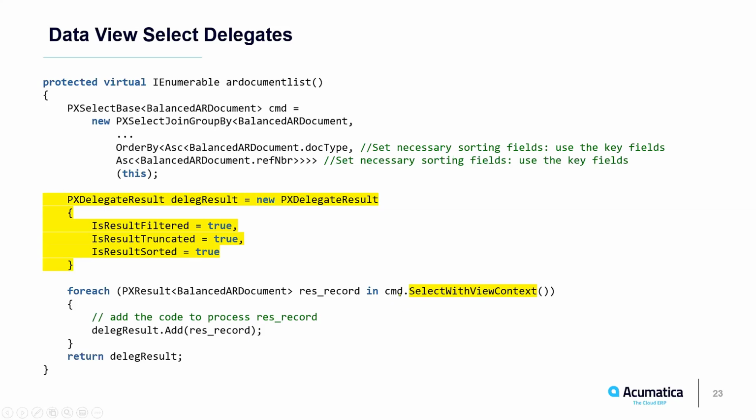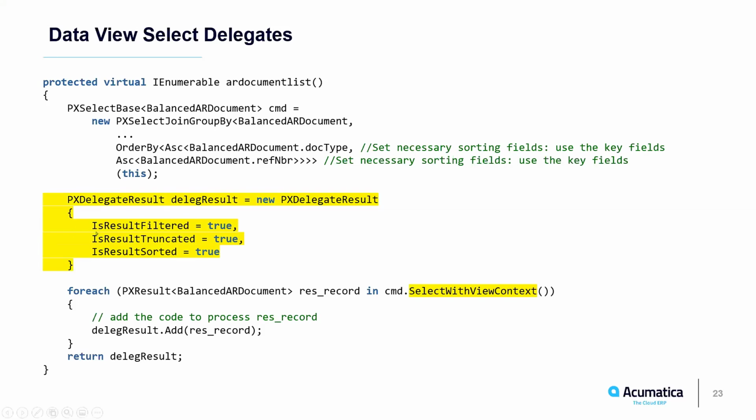Another additional step that you need to do is that in your delegate result, you need to indicate that you, as a developer, have already taken care of those things, of filtering, of sorting, of pagination, and that you are only going to return already prepared results, and the view doesn't need to do it.